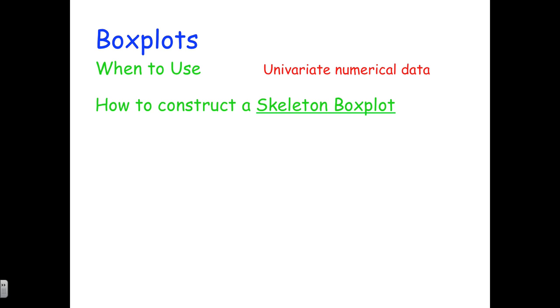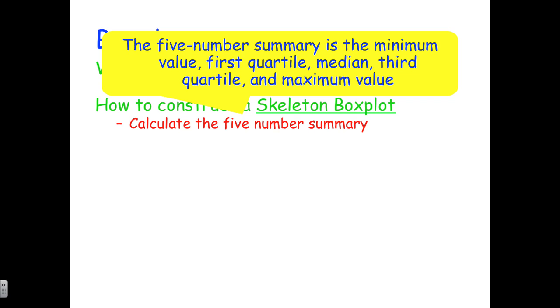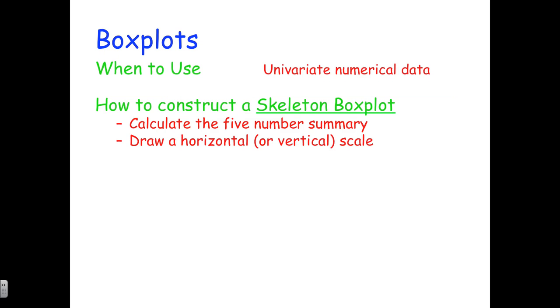So a skeleton box plot: you start by doing your 5-number summary, and you should know by now by heart, it's the min, Q1, the median, Q3, and the max. You draw your scale. Make sure you set it up to include the min and the max. Your spacing is even.